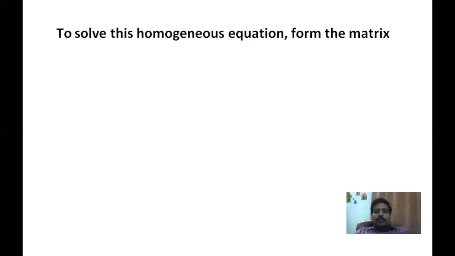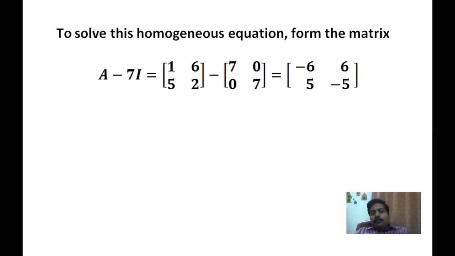So to solve this homogeneous equation, to find the null space, we need to find the augmented matrix. So let us first find out the value of B, that is A minus 7I. This is our given A, 1 6 5 2. 7I, I is nothing but the identity matrix, a 2 by 2 matrix here.